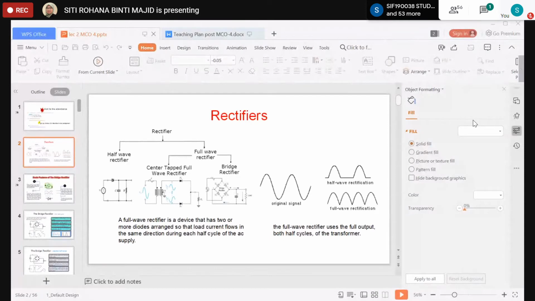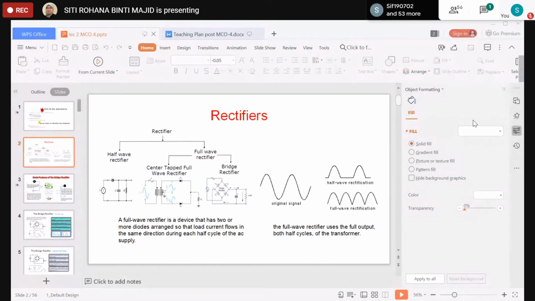And in this diagram, there is one particular component, which is a capacitor. The bridge rectifier can be divided into a common or normal bridge rectifier, and another one, a filter bridge rectifier. A full wave rectifier, we can define as a device that has two or more diodes.